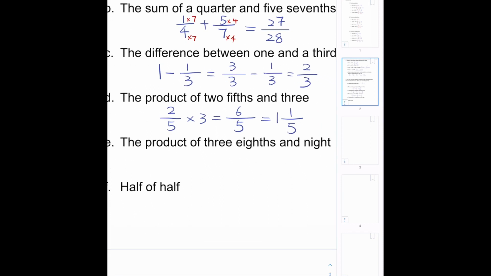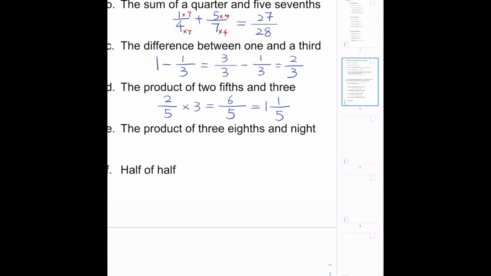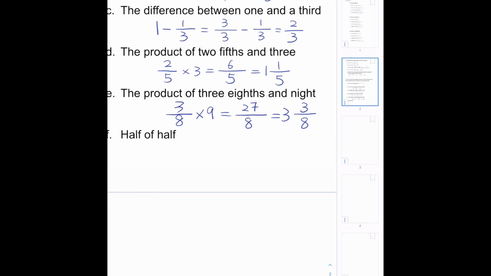The product of 3 eighths and 9. 3 eighths times 9 equal 27 over 8. Half of half, half of half equal a quarter.